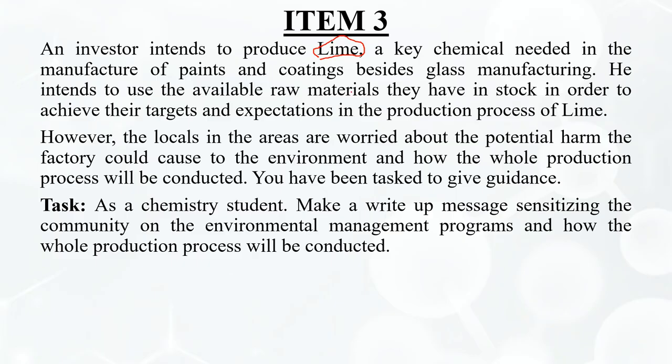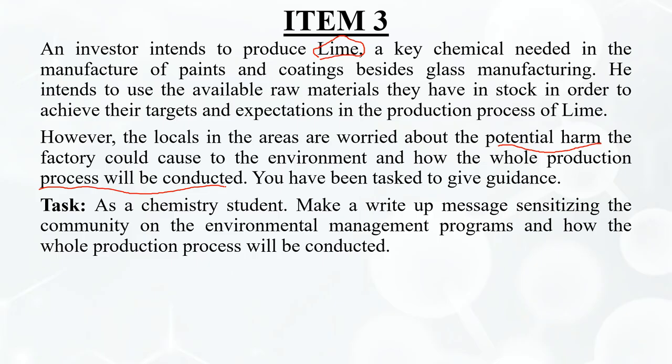He intends to use available raw materials they have in stock, but however, locals are worried about the potential harm, I think, the side effects, and how the whole process can be conducted. That is the production process. So you have been invited to make a write-up. So in simple terms, we are going to see how lime can be manufactured. In simple terms, manufacture of lime.